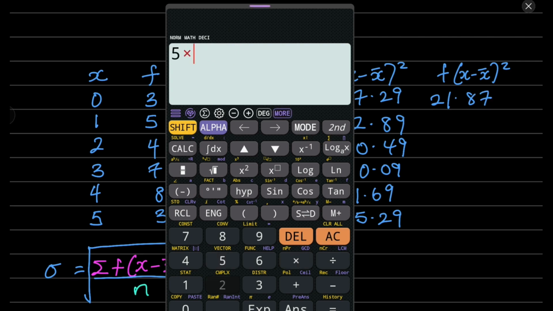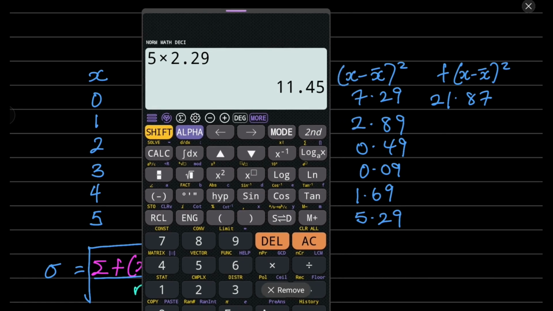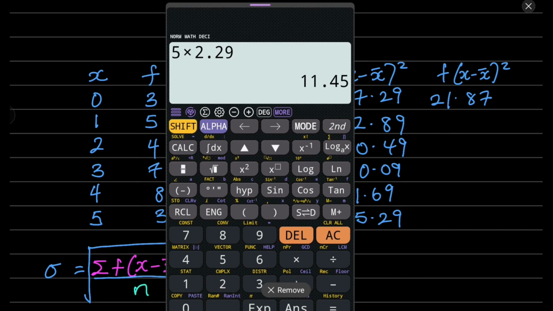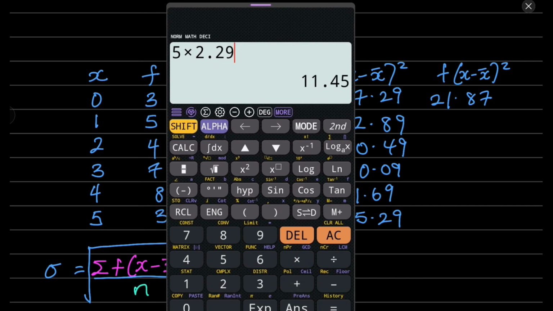Up next, 5 times 2.89, which gives 14.45. Then 4 times 0.49 gives 1.96.